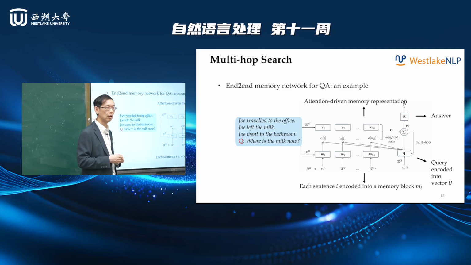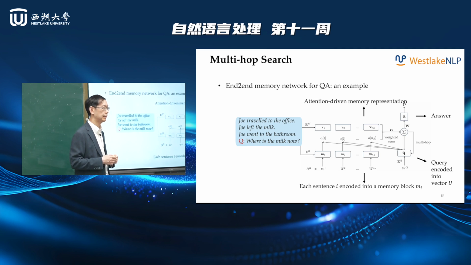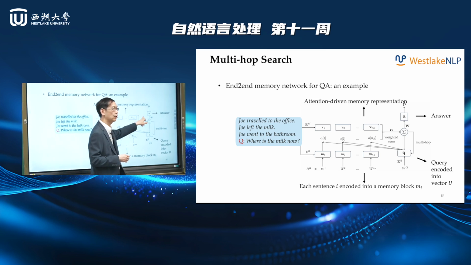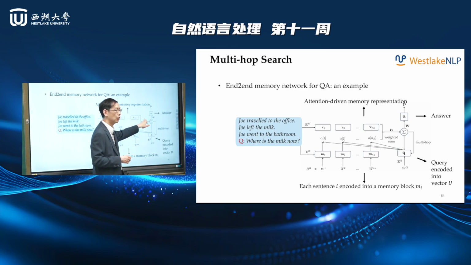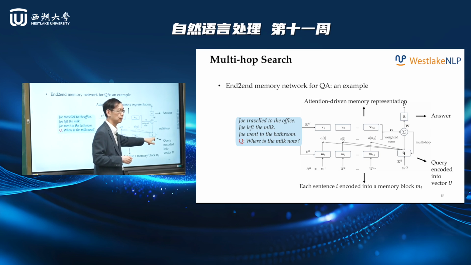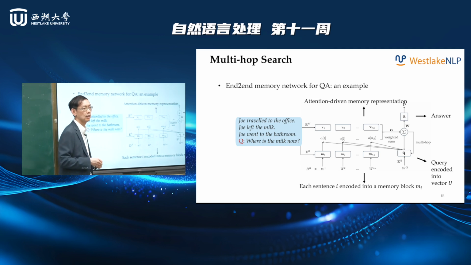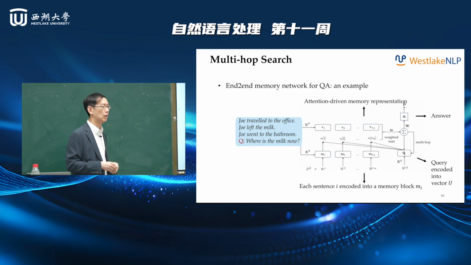How do I do multi-hop reasoning? I just use the current evidence O to update my question Q. And I use the new question Q to do a weighted sum of my memory again and get a new evidence O to predict a second answer A. And I can do this over multiple hops and I get an answer.